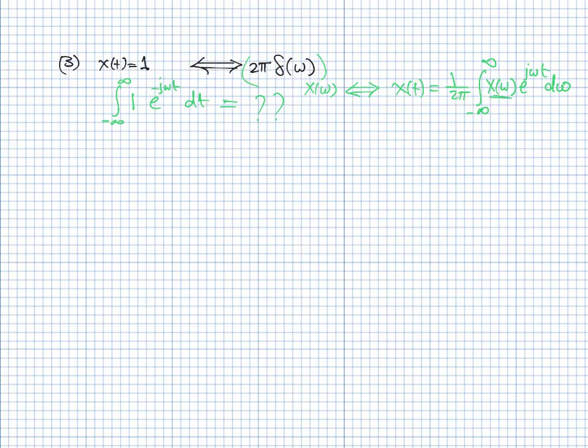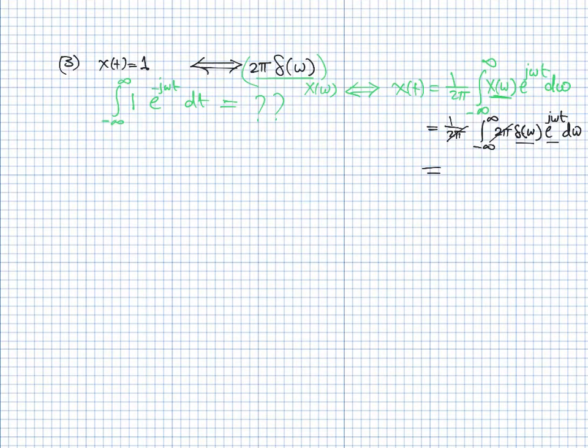Now what's X of omega? It's 2 pi delta of omega, right? So you can continue solving by saying this is equal to 1 over 2 pi integral from minus infinity to infinity, 2 pi delta of omega multiplied by e to the j omega t, and you integrate with respect to omega. The 2 pi will cancel with the 2 pi, and then you have a delta multiplied by a function, so it's equal to the function at the delta.